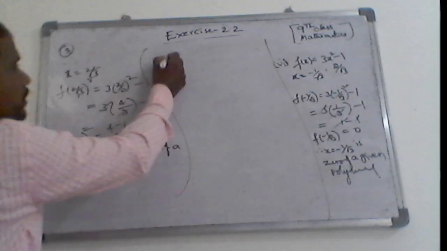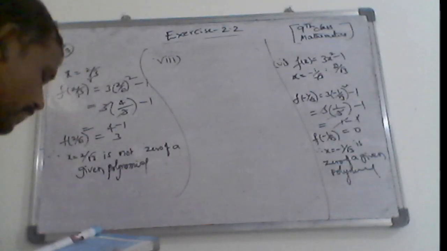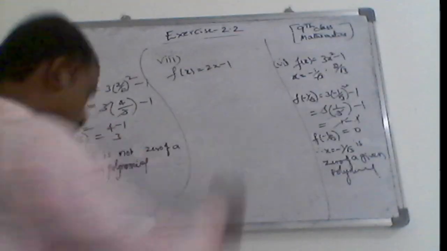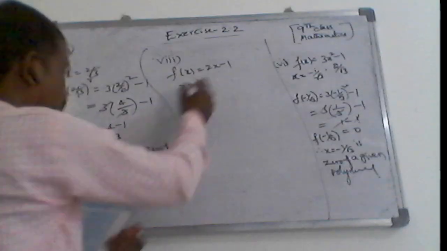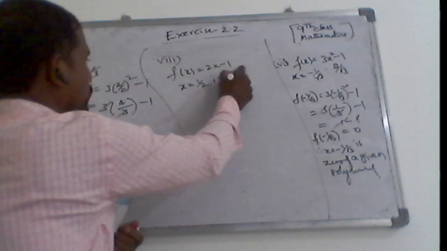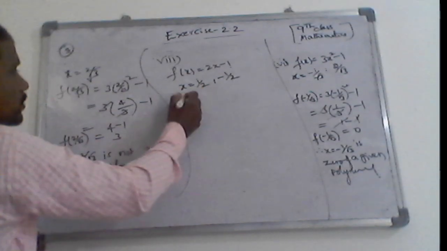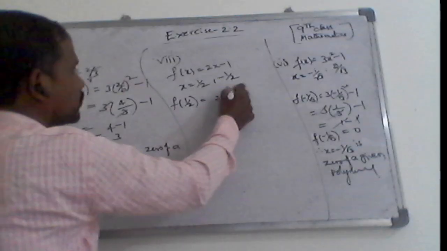Next one, question number 8. F of x equals 2x minus 1, with x equal to 1 by 2, minus 1 by 2. Take x equal to 1 by 2. F of 1 by 2 equals 2 of 1 by 2 minus 1.